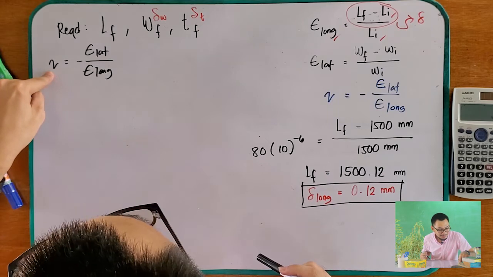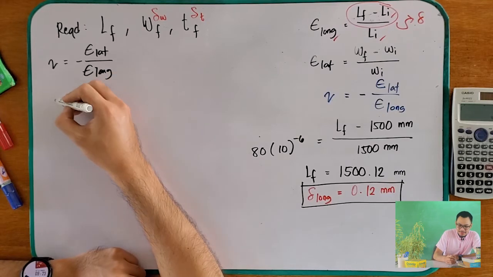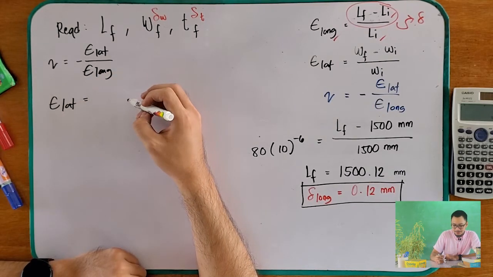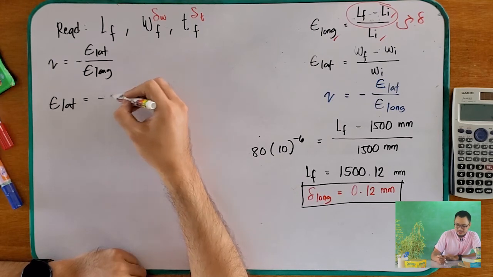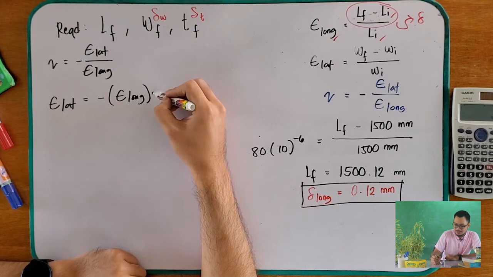This is given, and this is given, so you can simply solve for lateral strain. Therefore, your lateral strain is equal to negative longitudinal strain times nu. With this equation, we can determine our lateral strain.